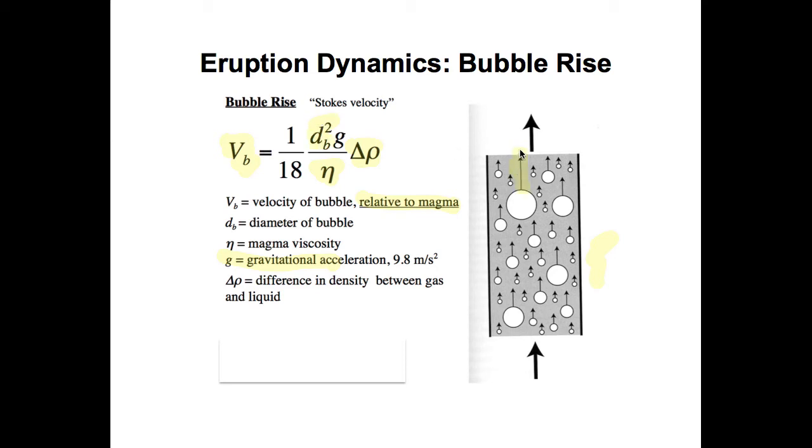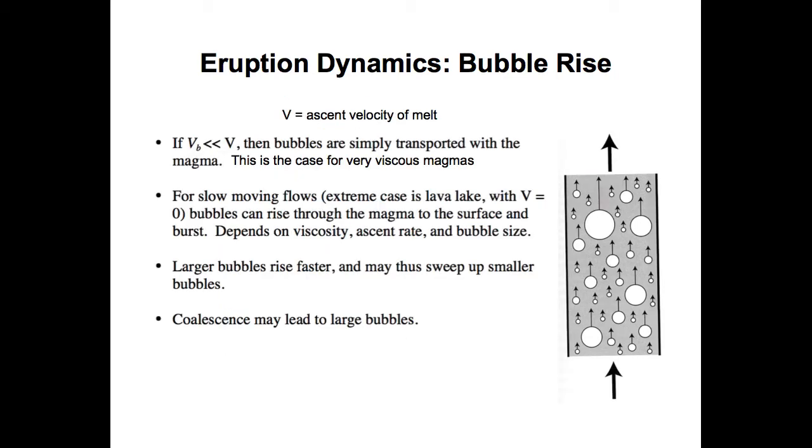So you can see the arrow here on this guy is much larger. The big bubble is rising rapidly, the small ones are rising more slowly. Okay, and as I was saying, because the larger bubbles are moving faster than the small ones, the big ones can sweep up the small ones, and that's another mechanism for the bubbles to expand.